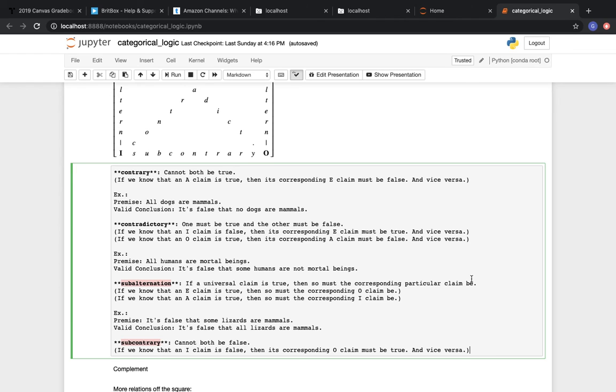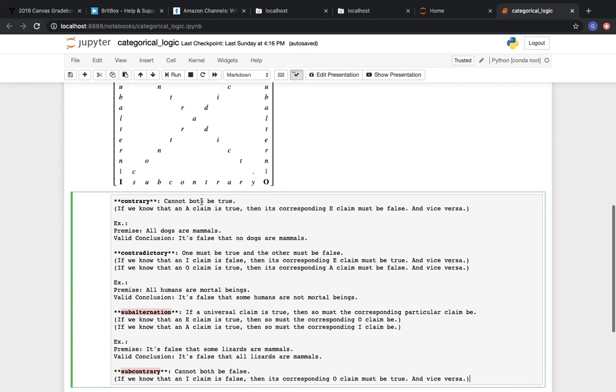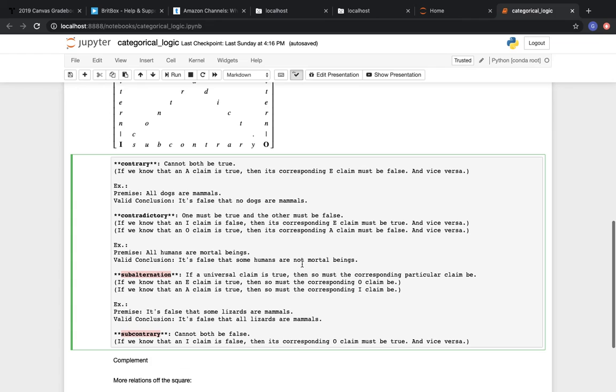This is what this unit is all about. Notice that we can chain these things together, right? So I could use the rule of contraries to draw some valid conclusion, and then I could use some other rule to draw another conclusion, and then I can draw a third conclusion using some other rule, and so on.